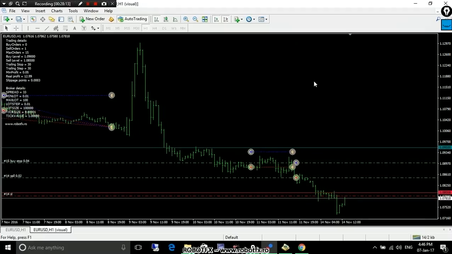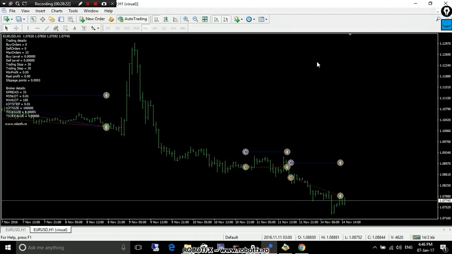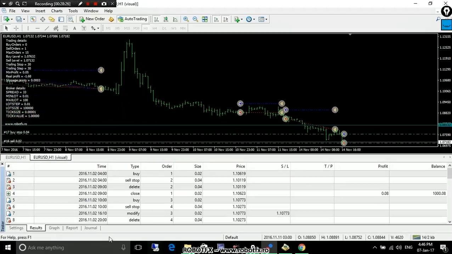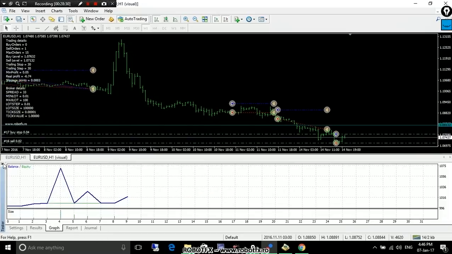It drags it again a little until eventually it hits the stop loss, or maybe the non-lag moving average changes the color. With the settings I'm using now, it will close the trade.